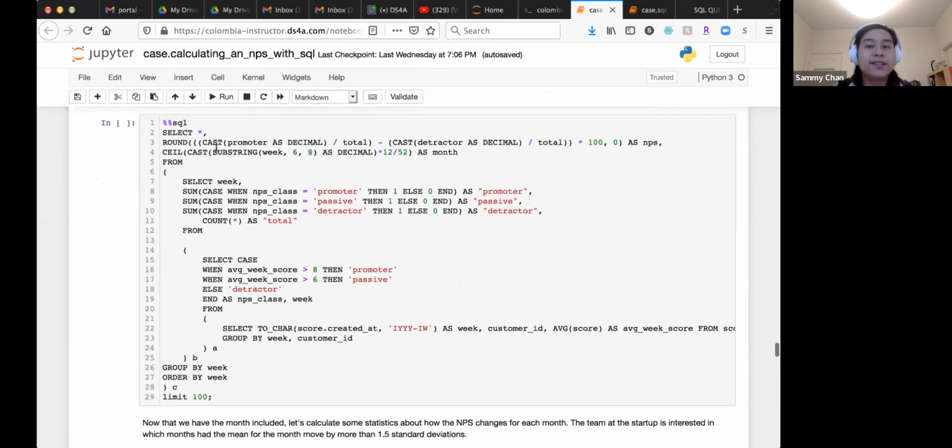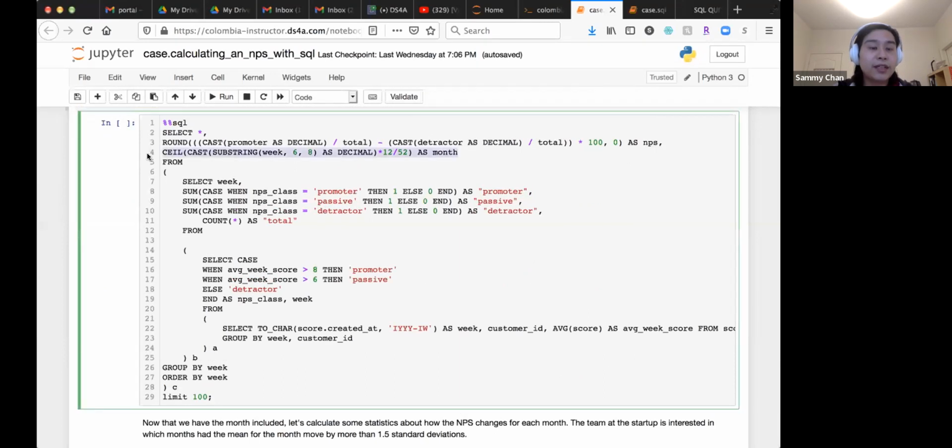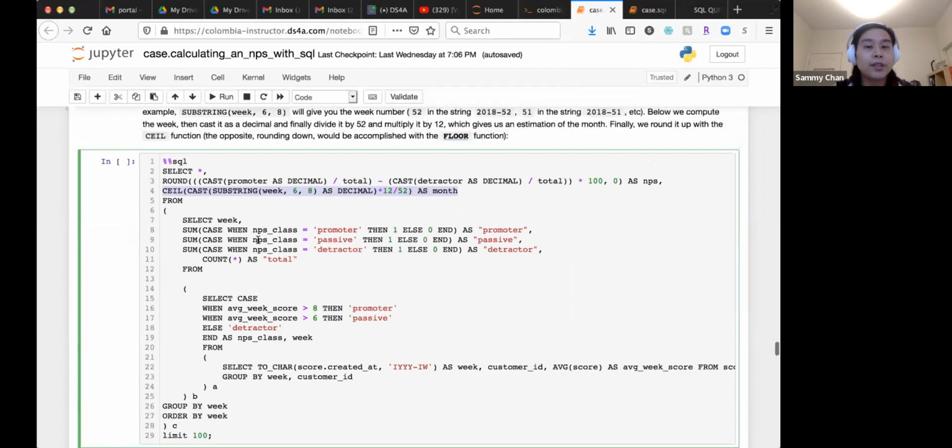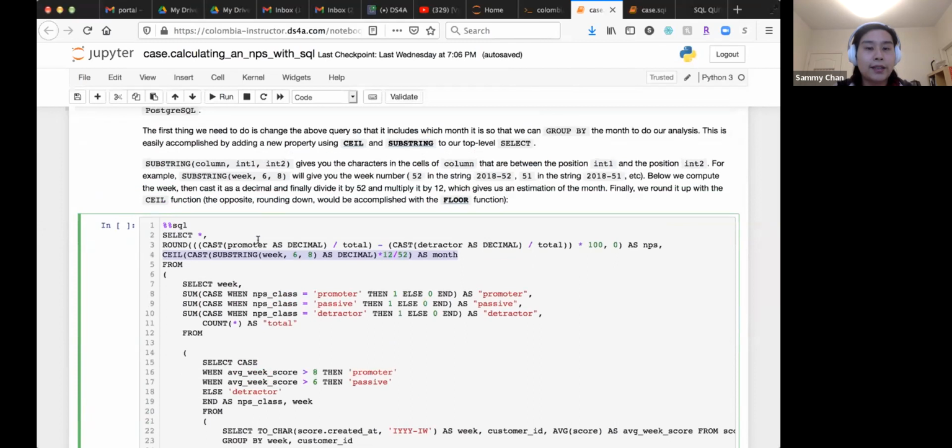So the extra step we needed to do is to cast a substring as decimal and then divide it by month. What this substring is doing is it first reads in the week, and you only want to include the week number.